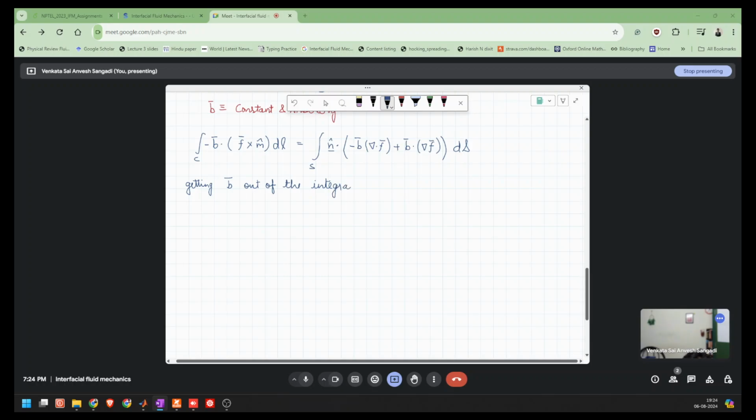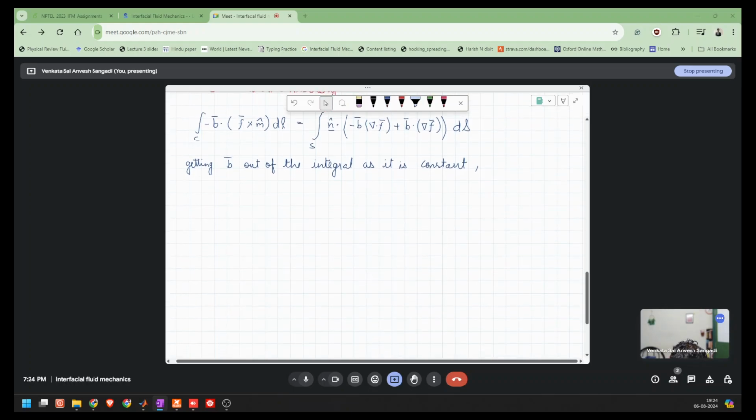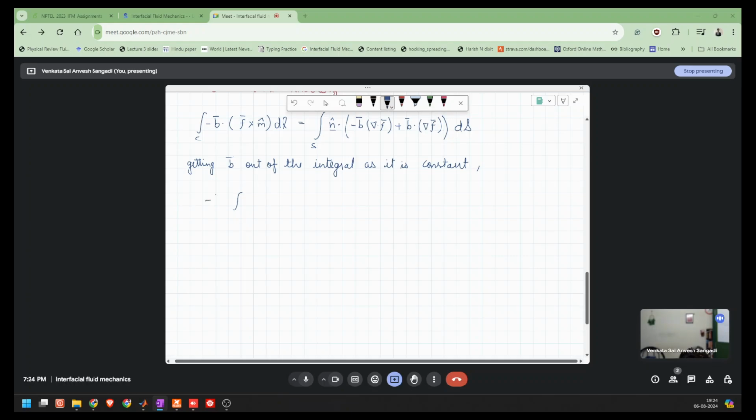As it is constant, we can write minus B dot the integral of F cross M hat dl, where M hat is a unit normal.